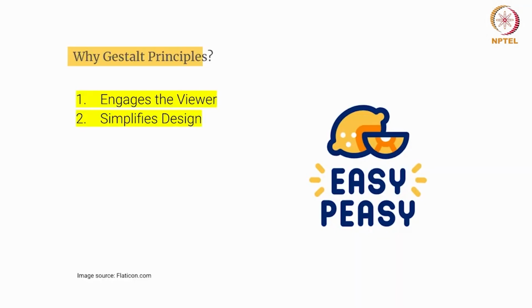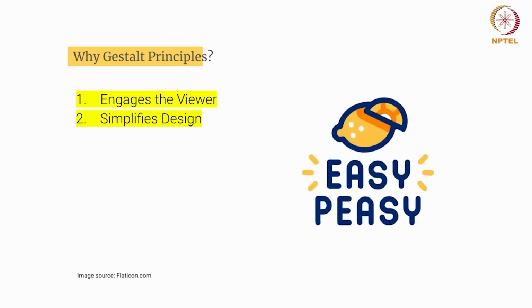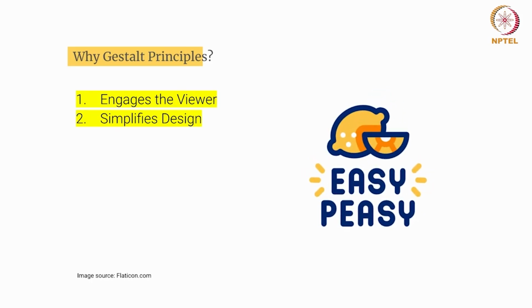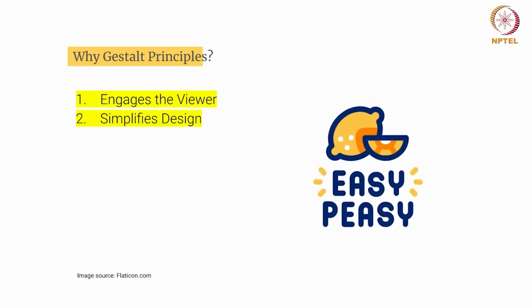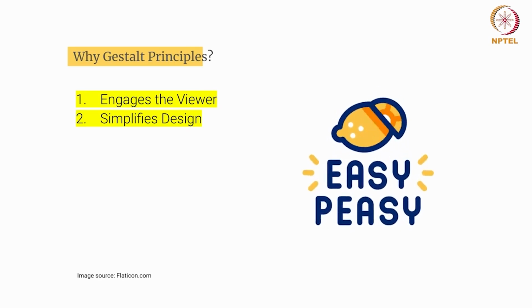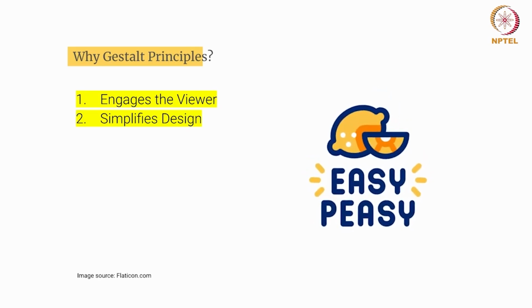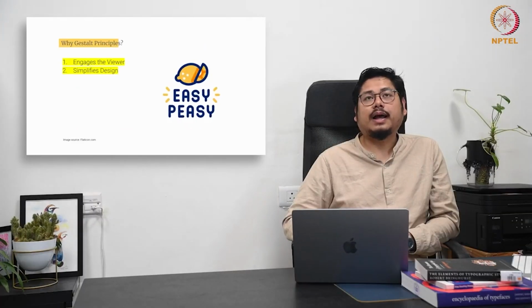Next, it simplifies design. What it means is that by suggesting forms rather than explicitly detailing them, designers can create minimal and clean visuals, and this reduces clutter and enhances the aesthetic appeal of the design. We can take the example of repetition, when you see any kind of continuity.